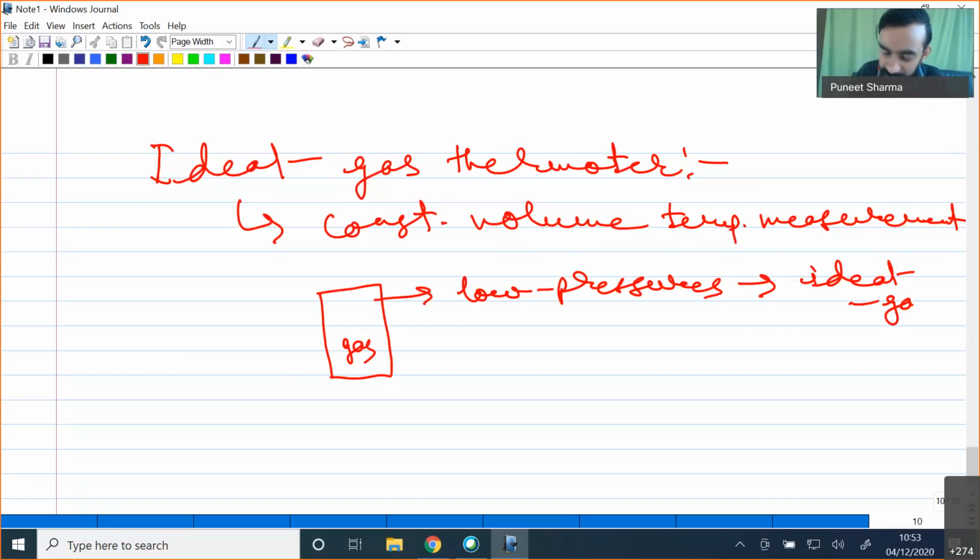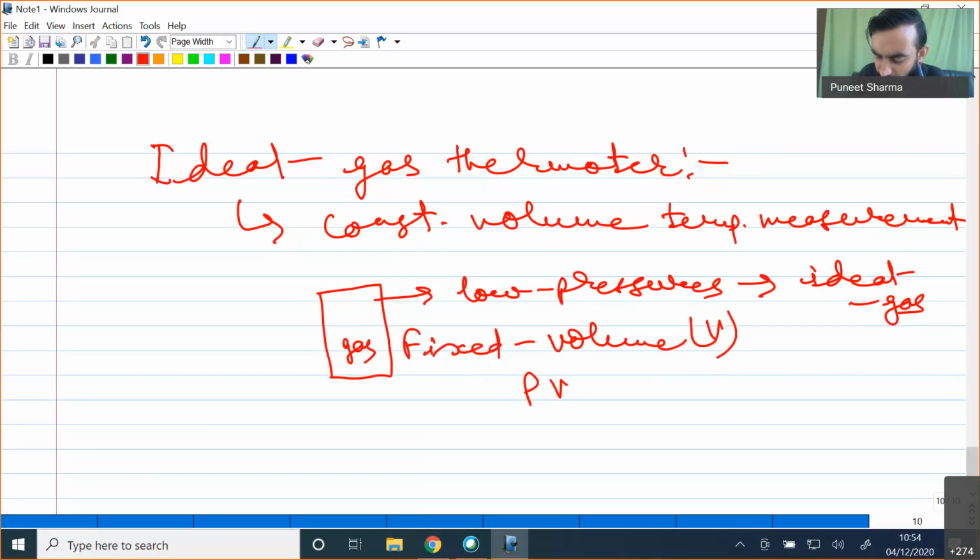Now this ideal gas will have a certain value of temperature, and it has a fixed volume V. So inside the container where our gas is, we have our fixed volume V. Okay, so now we know the ideal gas equation is PV equal to mRT. R is some constant for a specific type of gas. Then m is also constant, because whatever mass we have filled inside, we are not changing.